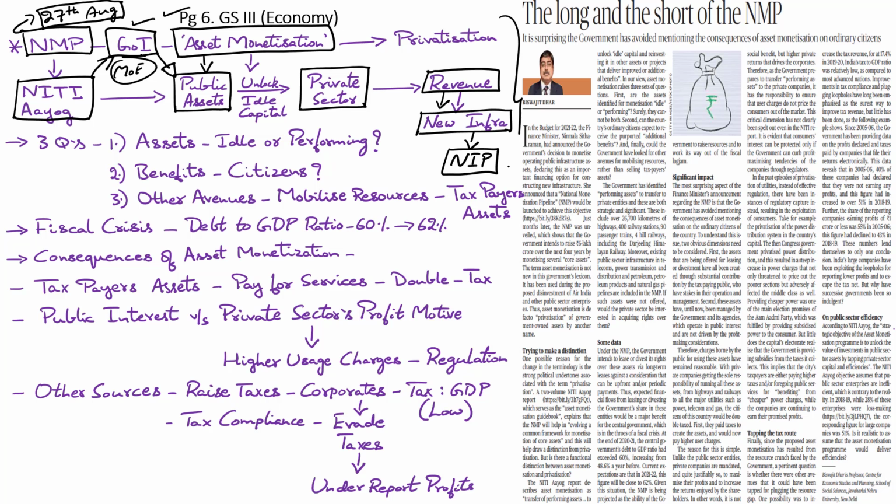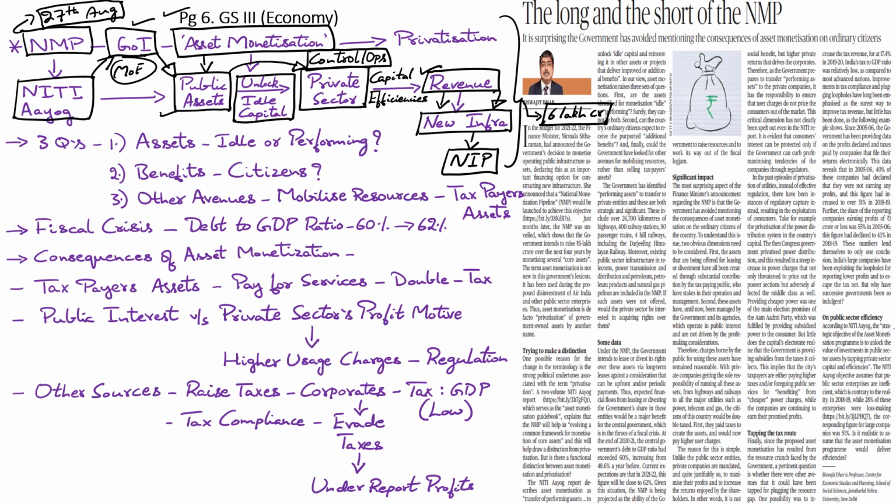Through this asset monetization initiative, the government is planning to raise around 6 lakh crore rupees over the next 4 years, and through this initiative, the government is essentially looking to unlock the idle capital lying in some of the performing public assets by transferring or leasing their control and operations to the private sector. And according to the government, this will not only generate additional revenue for funding new infrastructure projects, but it will also help in bringing in the capital and efficiencies of the private sector.